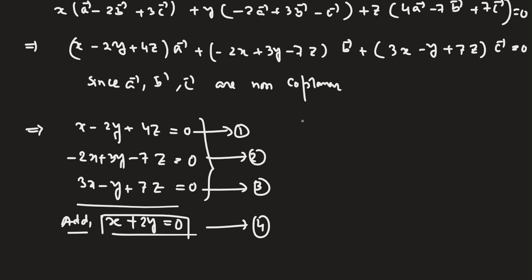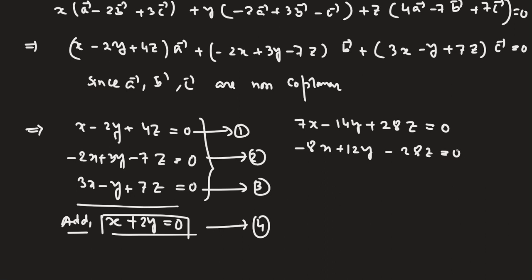So multiply by 7: 7x minus 14y, 28z equal to 0. Multiply by 4: 8x, 12y, 28z equal to 0.